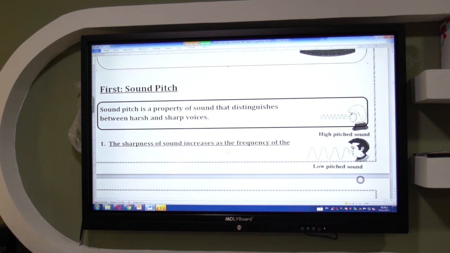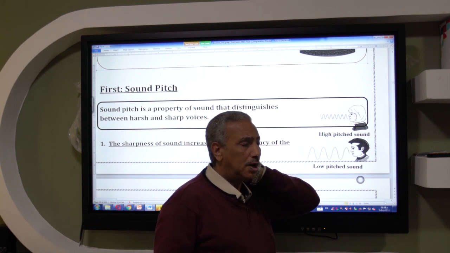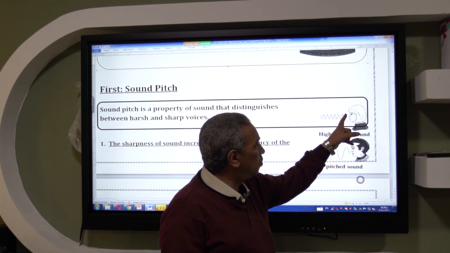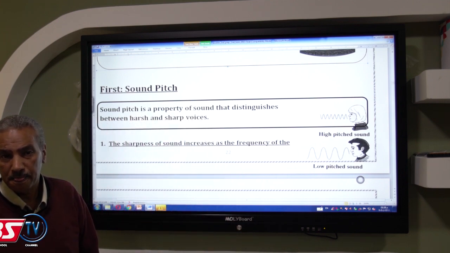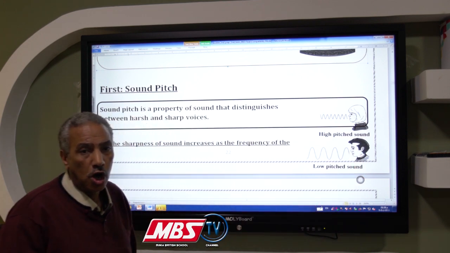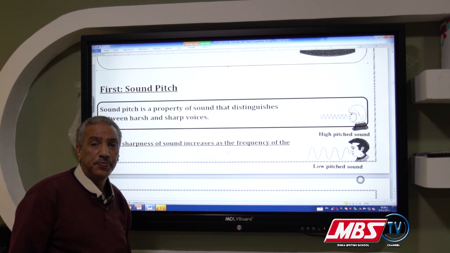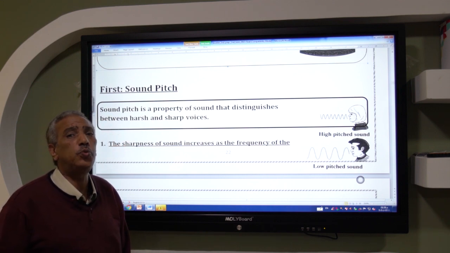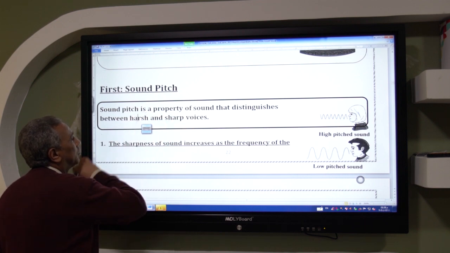If we want to differentiate between when a woman produces a sound and when a man produces a sound, we will notice that the woman's sound is sharp, while the man's voice is harsh or rough. This is the one property of the ear that can distinguish between the sharp sound and the harsh sound.